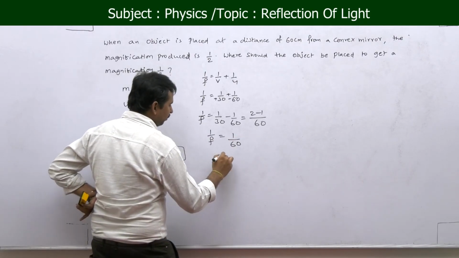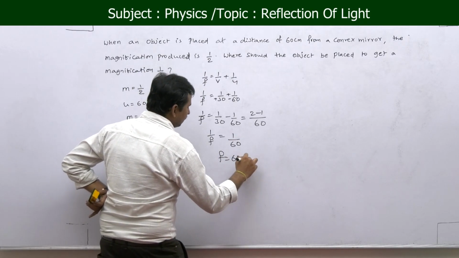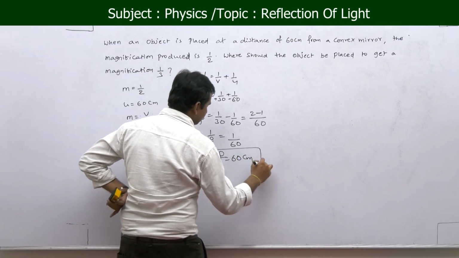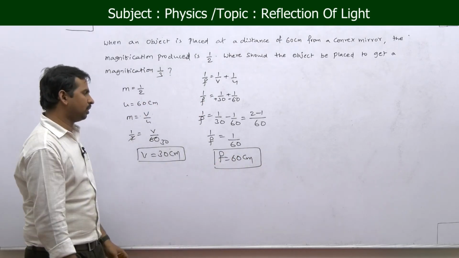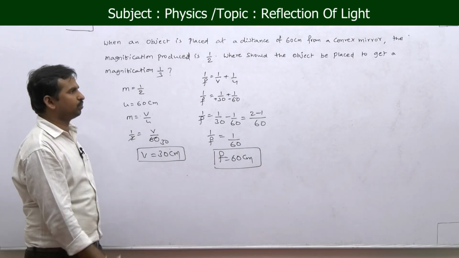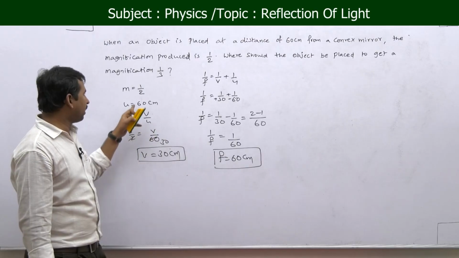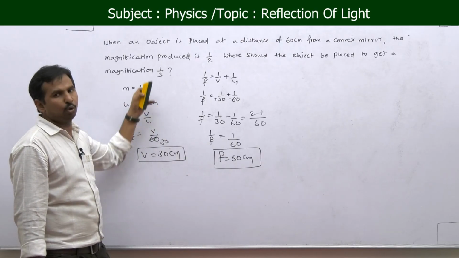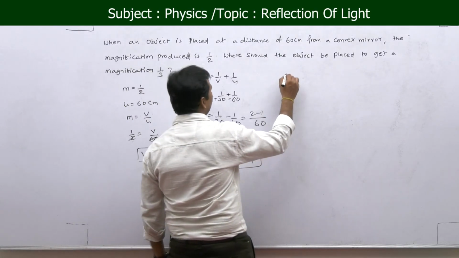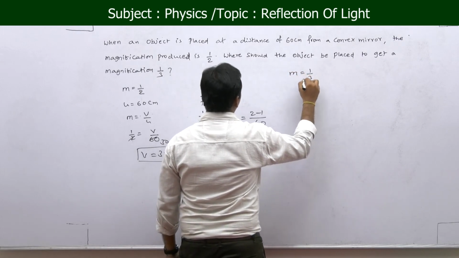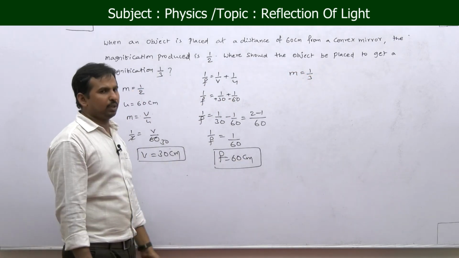Finally we got the focal length as 60 centimeters. This is the focal length of the convex mirror given there. But now the question is, if you want to get the magnification instead of 1 by 2, more diminished, m is equal to 1 by 3, then where does the object have to be placed?